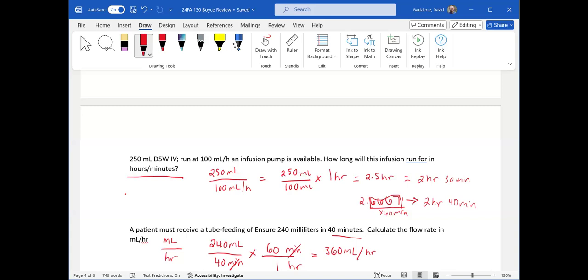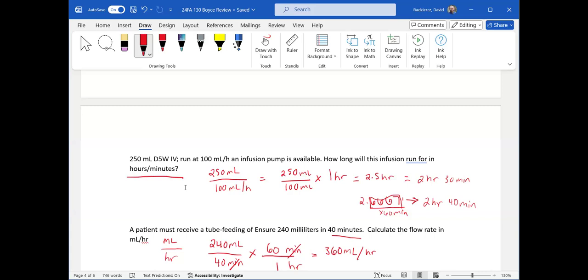There was one other thing I was going to mention. The other variation of this, because I don't know that I have an example of this, and again, I don't even know that you will be responsible for it, but I think it's good that you know about it, is sometimes it'll tell you that you have 250 milliliters of dextrose 5% water IV running at 100 milliliters per hour, and it started at 8:30 a.m. on a Tuesday.